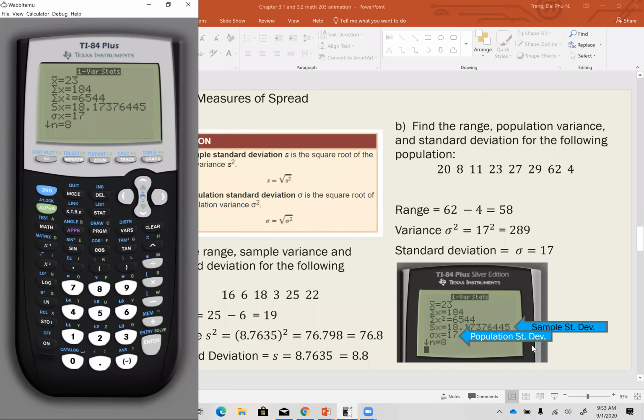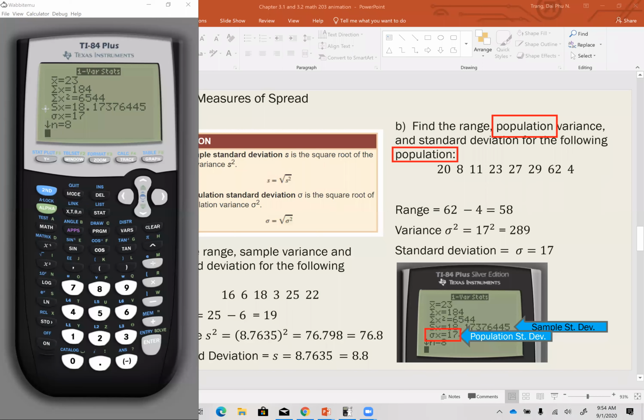So make sure which question are they asking me, and that's the challenge that you have to overcome and ask yourself, which one are they asking me? Because they ask me population, or because I have my data as in a population data, I have to use the population standard deviation and not the sample.